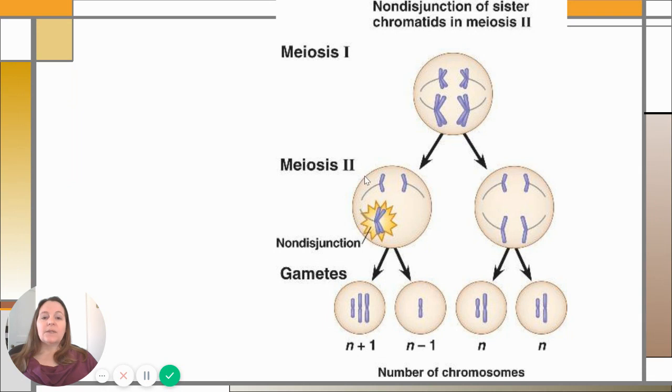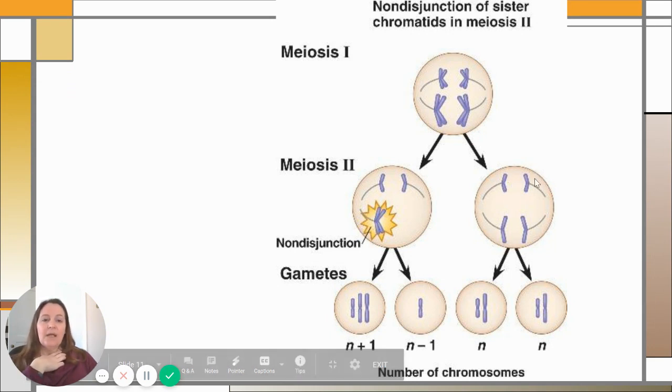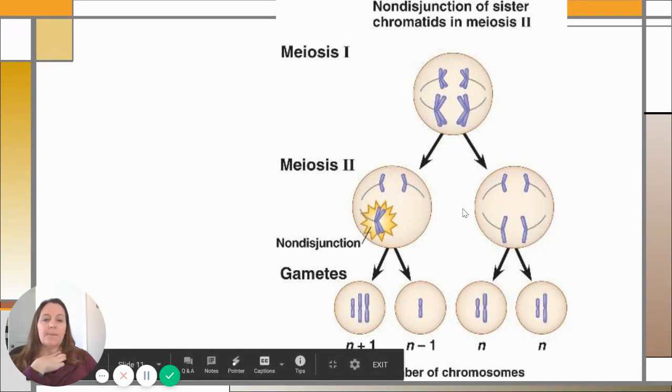And then in meiosis 2, we pull apart those X-shaped chromosomes and create I-shaped chromosomes. Well, what if one of the X-shaped chromosomes doesn't separate properly and both sides of the X go to one cell versus the other? On the right is how it's supposed to happen. Those X's get separated and we end up with two different chromosomes.